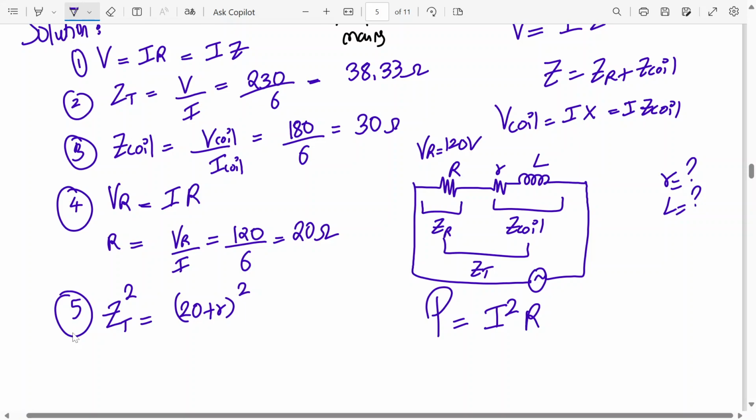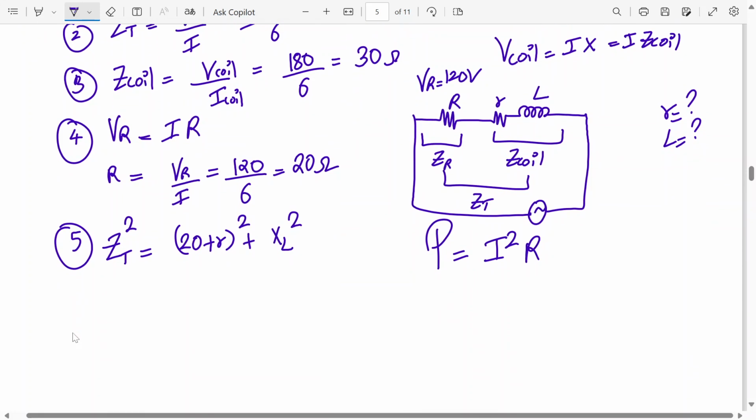Yes or no? Plus what can I say? No, no, XL square. Yes or no? Okay, tell me, what is Z coil? Z coil square will be what? R square plus XL square. Right?